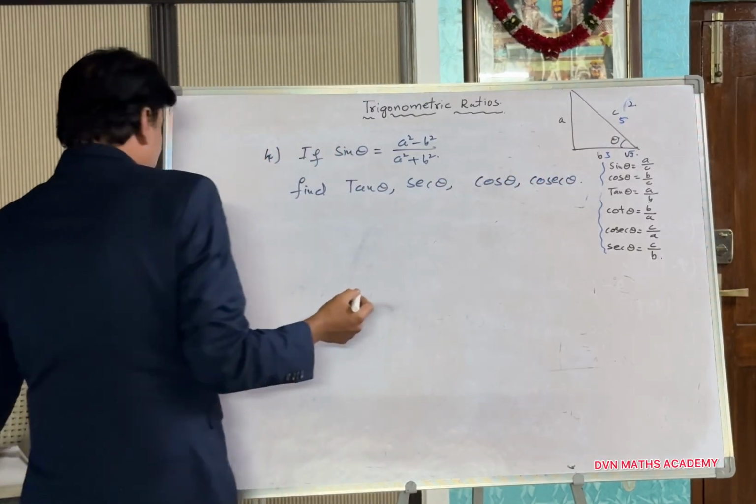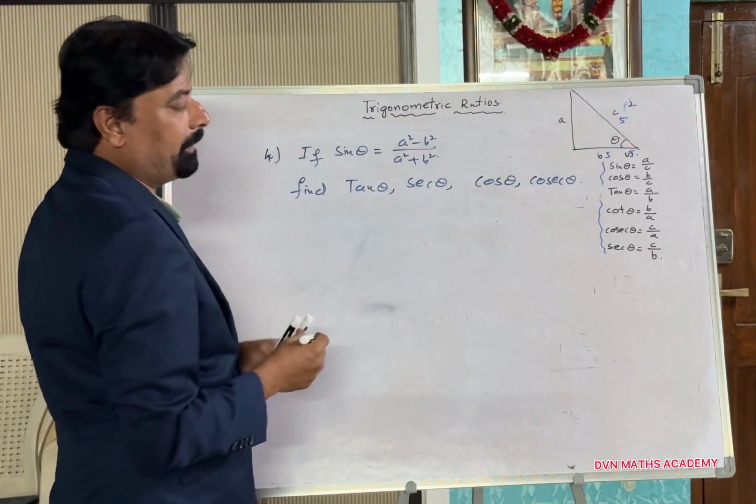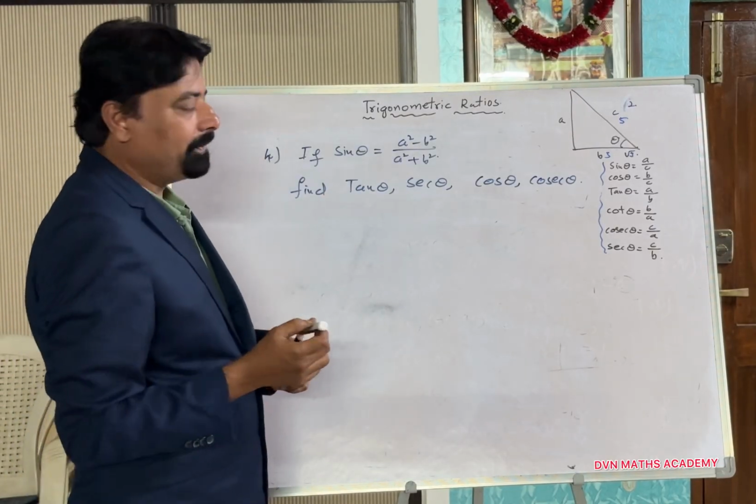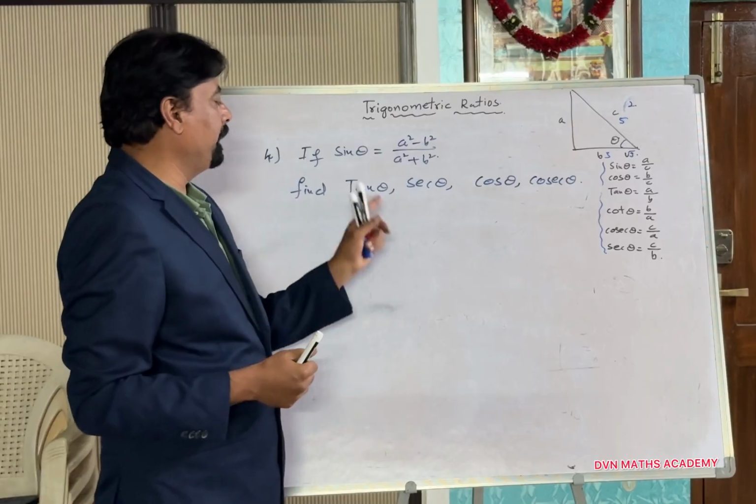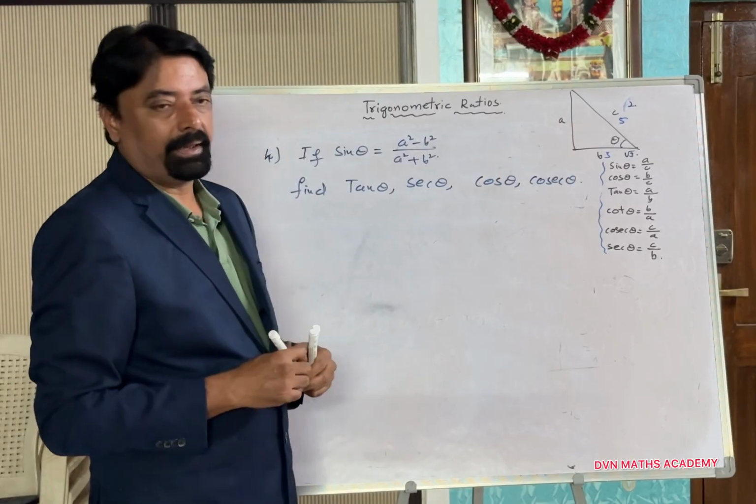So sometimes they will give the question, find all other trigonometric ratios. But in this question sin theta is given, you need to find the remaining trigonometric ratios.